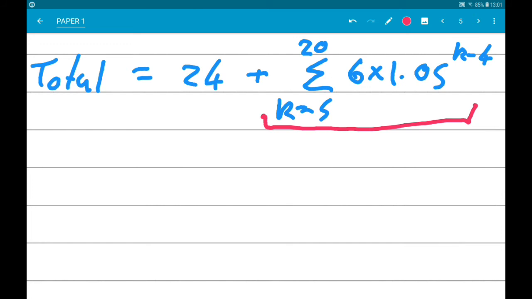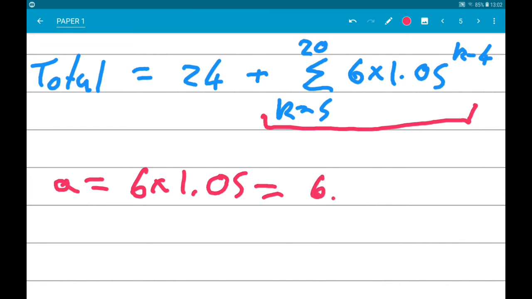So A is 6 times 1.05, which is 6.3. Now R, the common ratio, is 1.05.